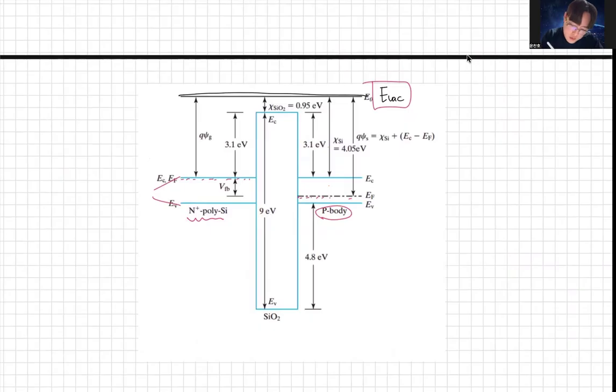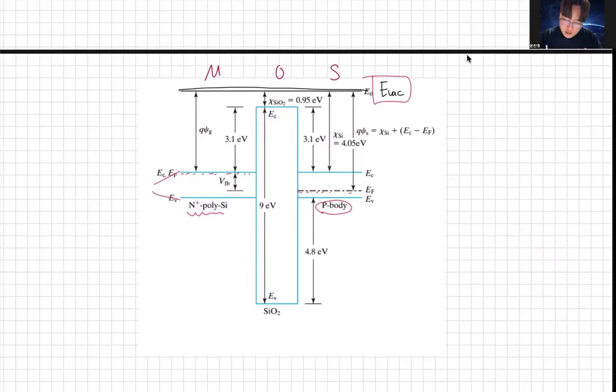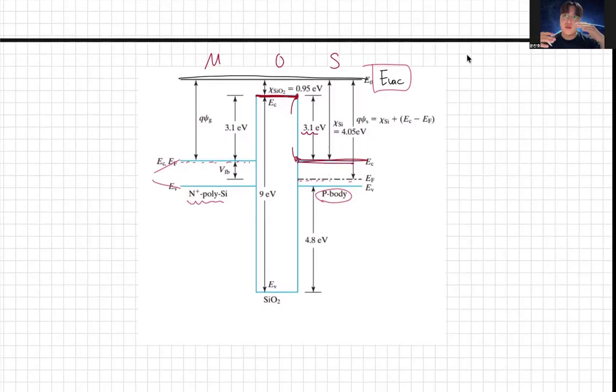And we can divide this. Here is the metal, oxide, and semiconductor. The difference between this conduction level and this conduction level, this offset of 3.1 electron volts, must be maintained when we bias or in thermal equilibrium.